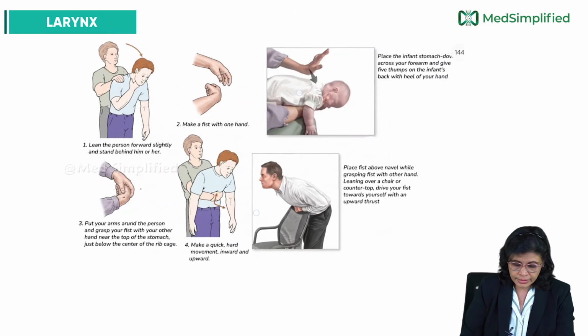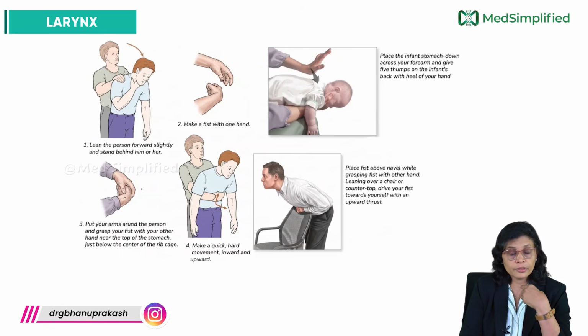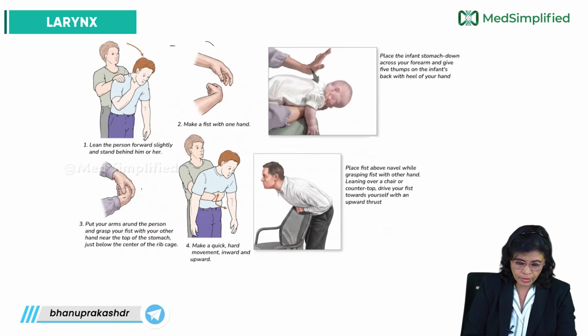Thus the laryngeal obstruction can be relieved. Sometimes, usually in children, we can see the foreign body and it can be manually removed, otherwise it itself gets expelled out with force. This is the commonest we do, but in children this is how we do.